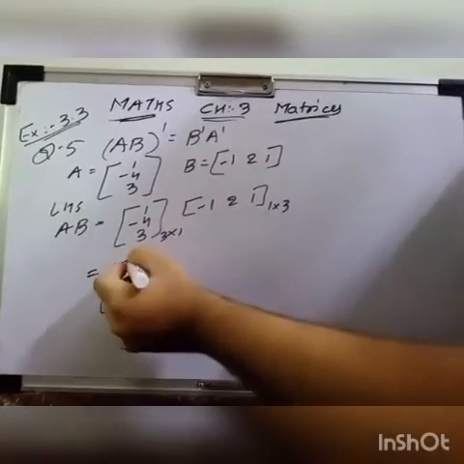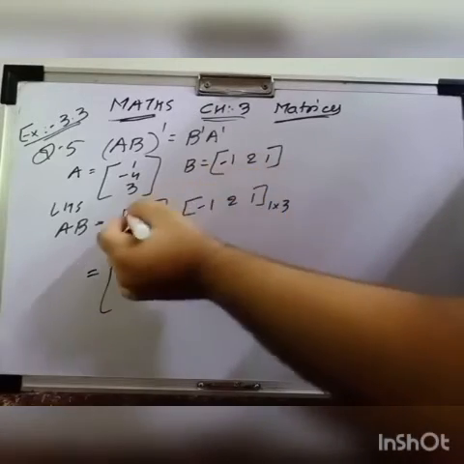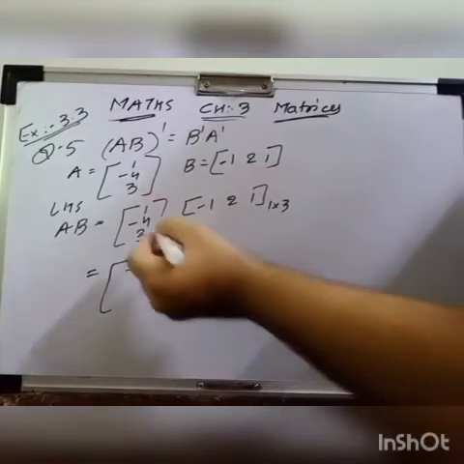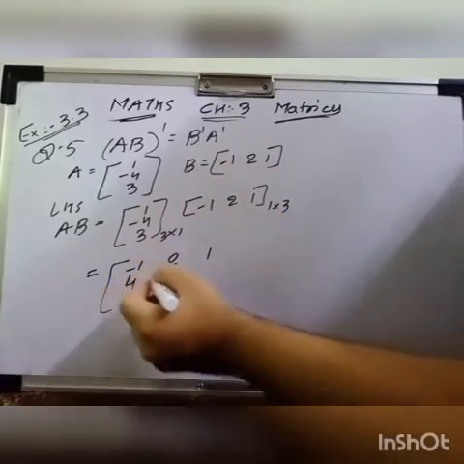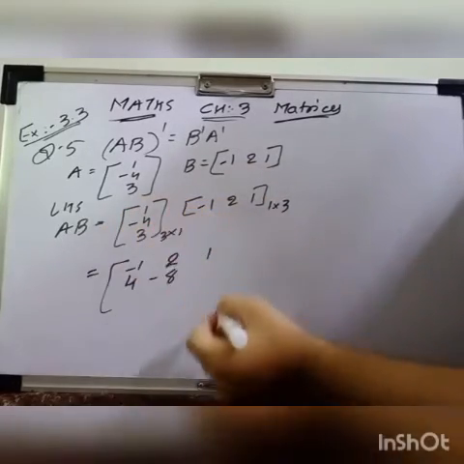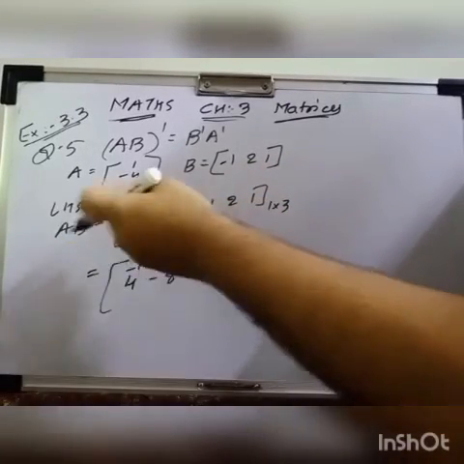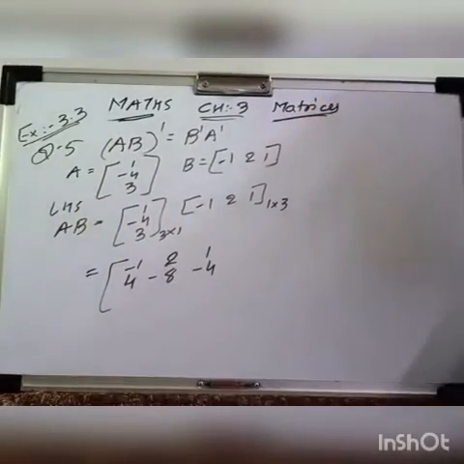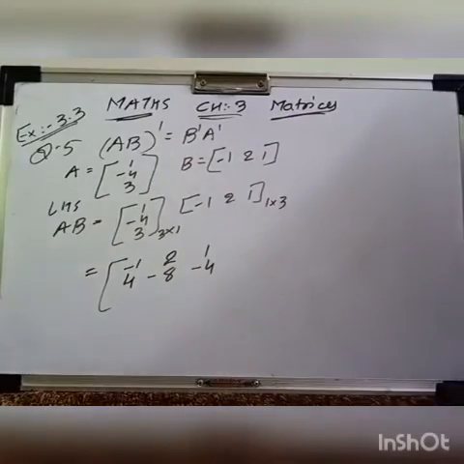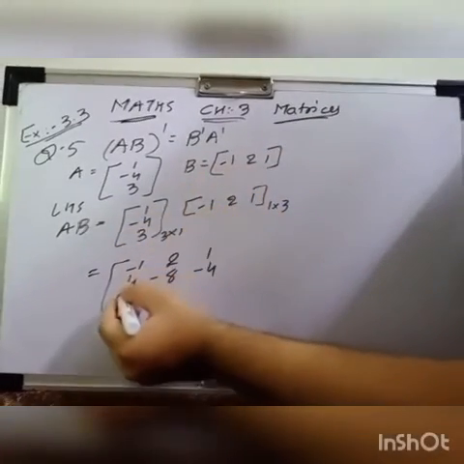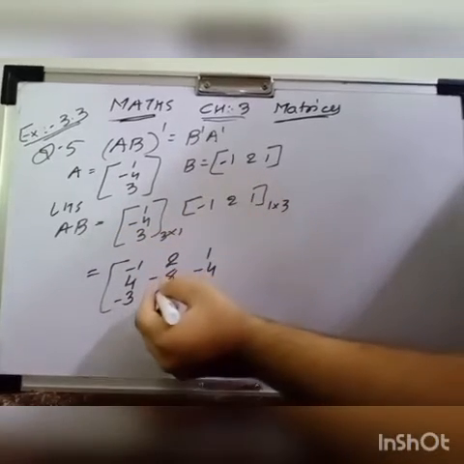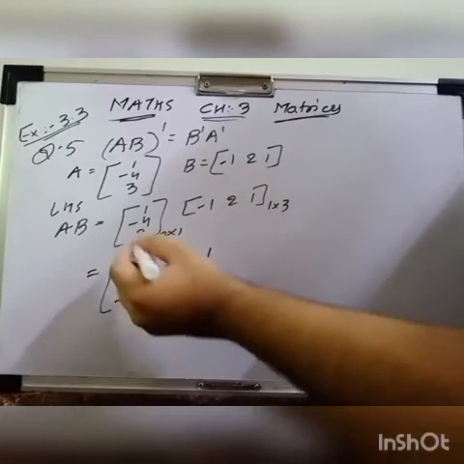So row column minus 1, first row second column, first row third column, second row first column, second row second column, second row third column. We'll use the row of prefactor and always column of post factor, right? So third row first column, third row second column, third row third column.